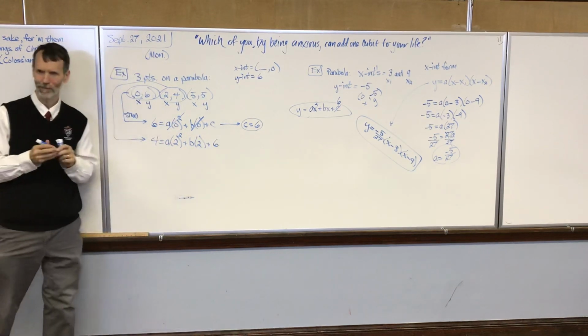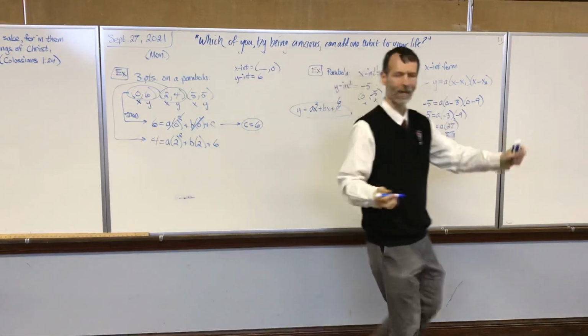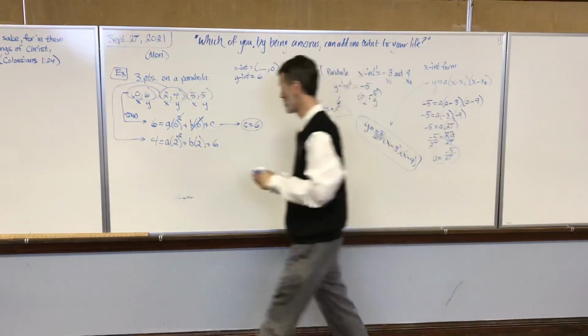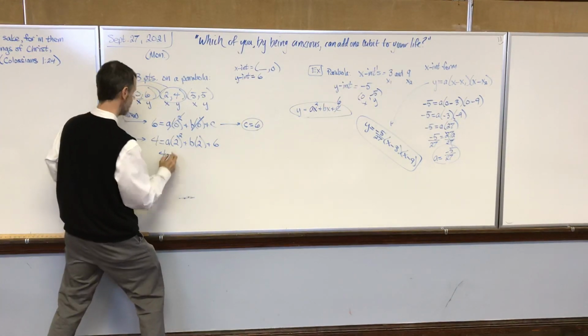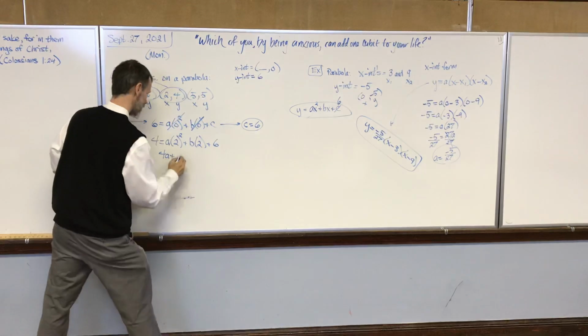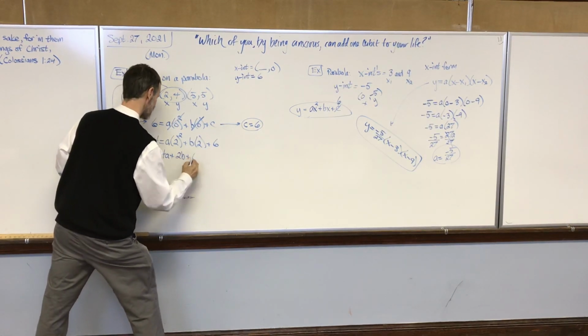So we still with me? We're using the 6 that we got, because that's a lot better than C. Simplify for me. 4A, you can do it that way, that's fine. Plus 2B plus 6 equals.